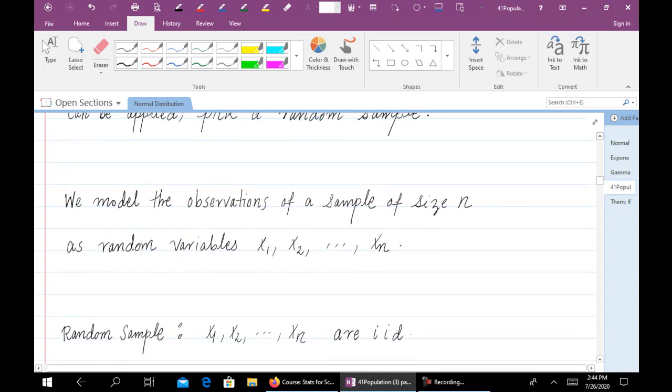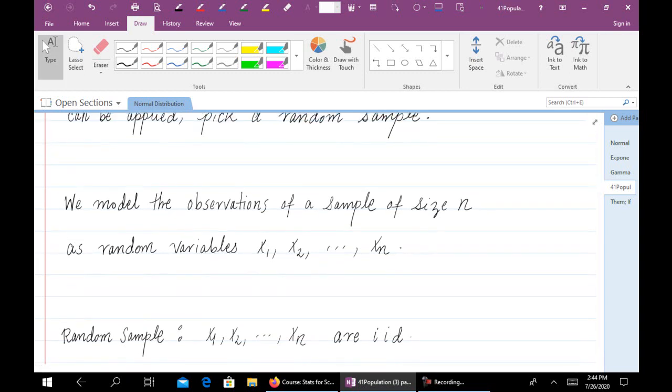Imagine in the example of the males in Sri Lanka, where we are studying height, that you pick a male in Sri Lanka randomly, and then you measure his height, and that's going to be x1, and then you pick a second person, you look at the measurement, and so on until you get n measurements.